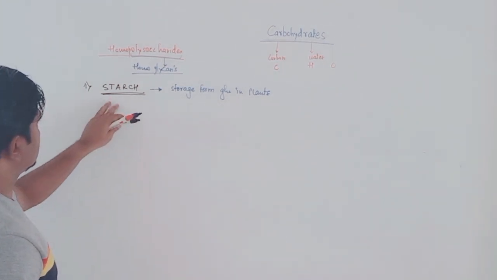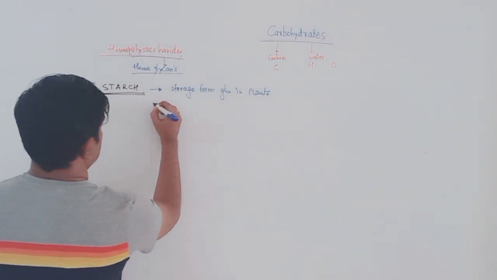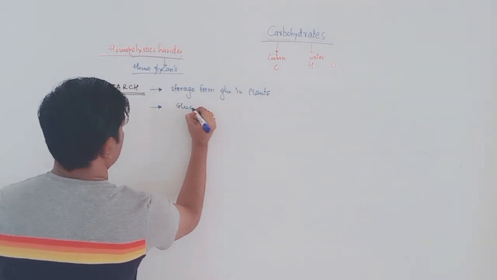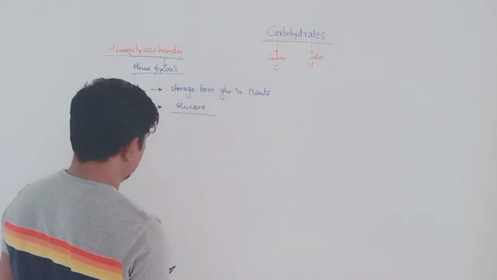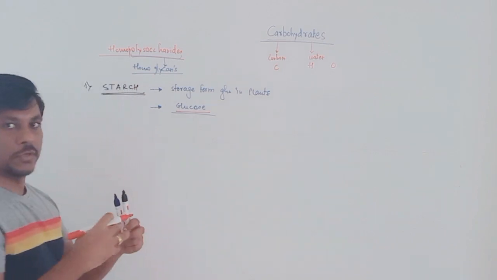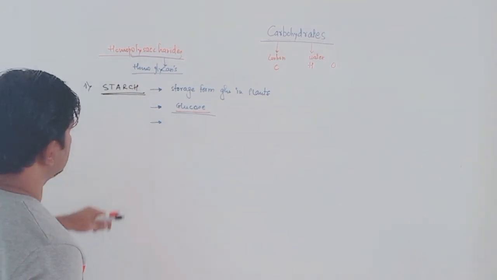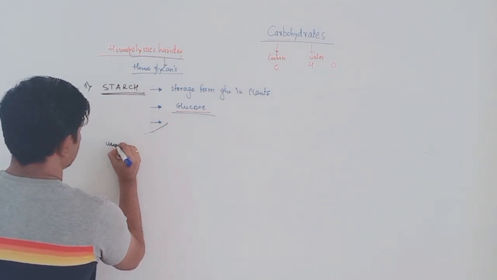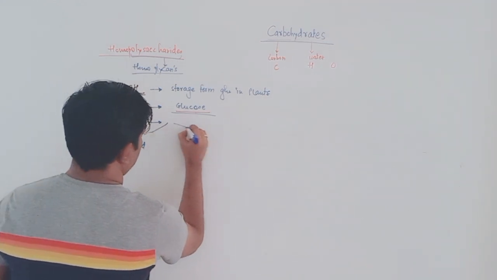Now this starch is made up of a lot of glucose molecules. It is mainly glucose molecules joined together by a linkage in a long chain. And this starch molecule can be unbranched or it can be branched.